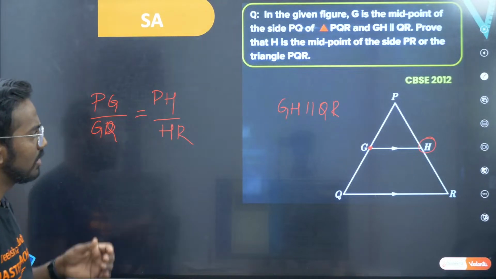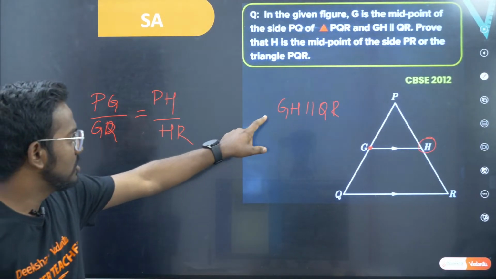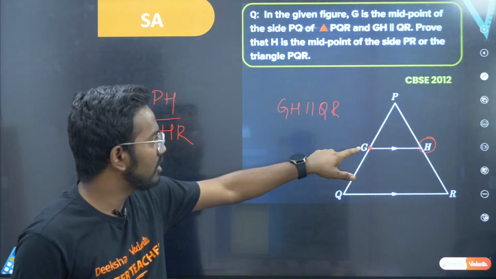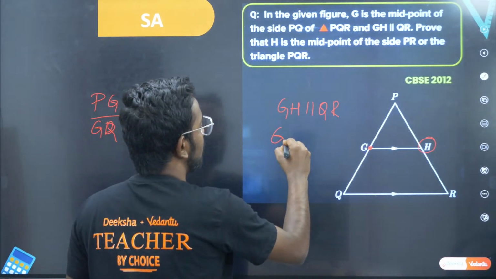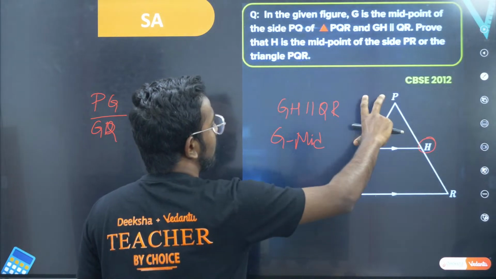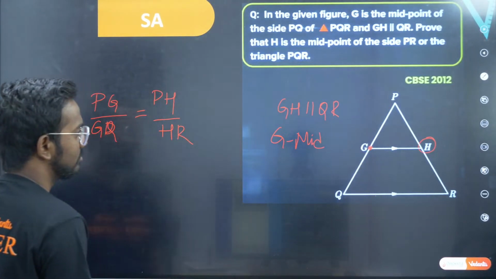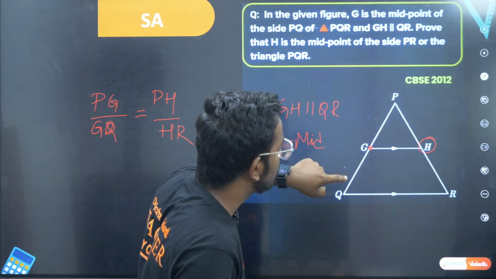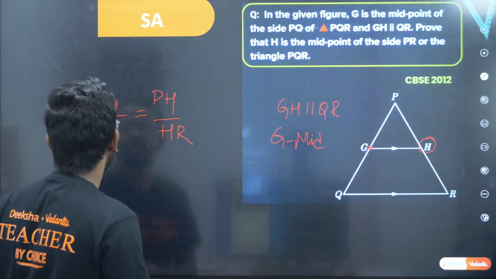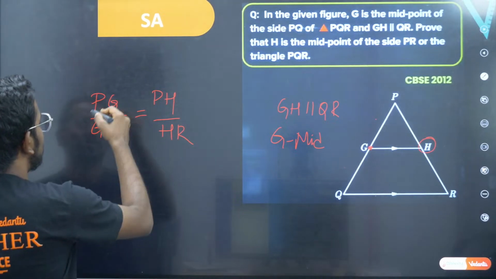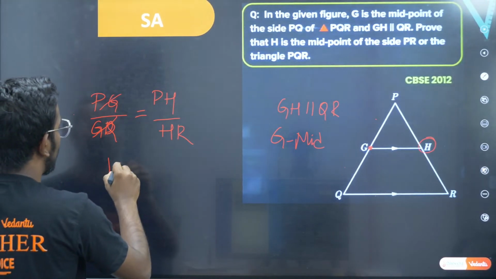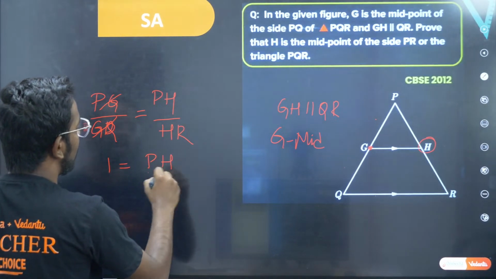One thing we can notice here is that GH is parallel to QR, but also they have mentioned G as a midpoint. If G is midpoint, then PG and GQ are the same. So clearly this side should be equal to this side because this is a midpoint. So in this case I can cancel them. So you will end up with 1 as an answer. So 1 is equal to PH by HR.